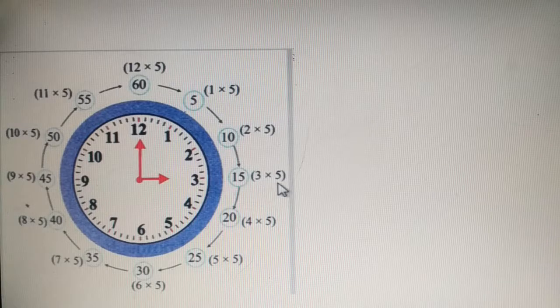Multiply 3 by 5. 3 5s are 15. 4 5s are 20. 5 5s are 25. 6 5s are 30. 7 5s are 35. 8 5s are 40. 9 5s are 45. 10 5s are 50. 11 5s are 55. 12 5s are 60.